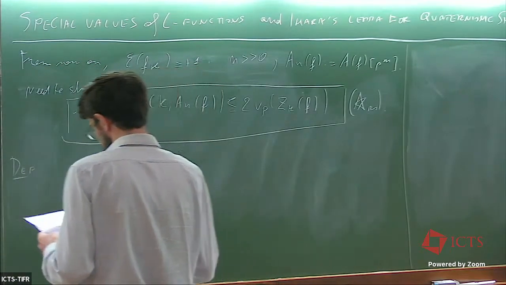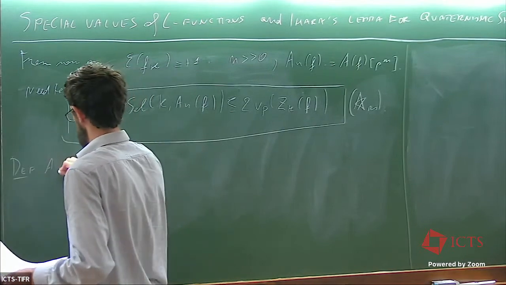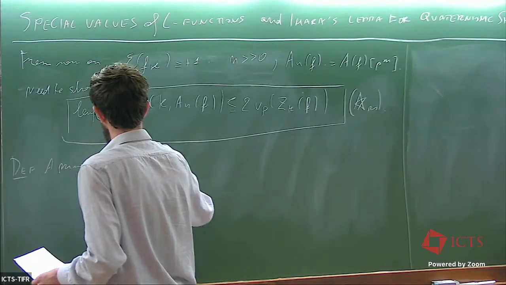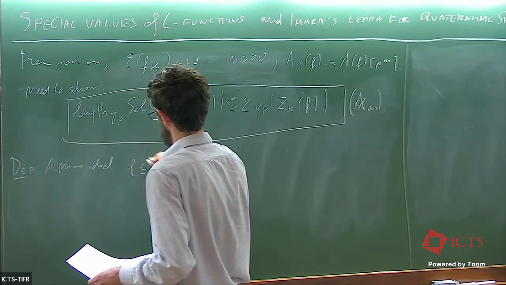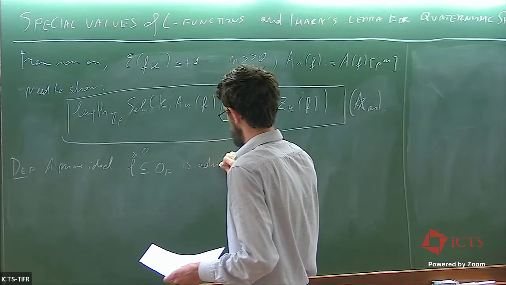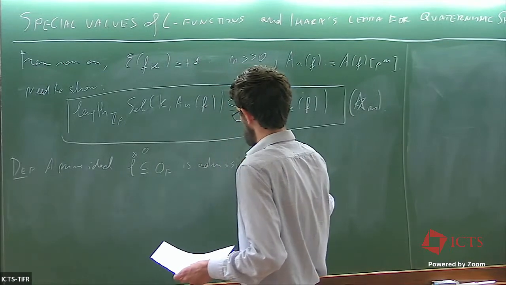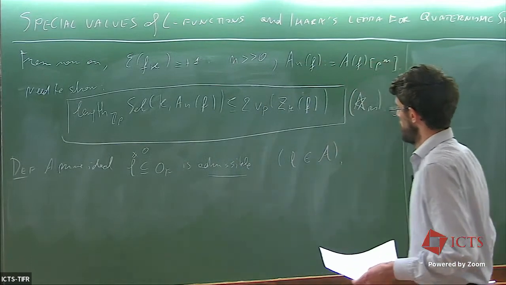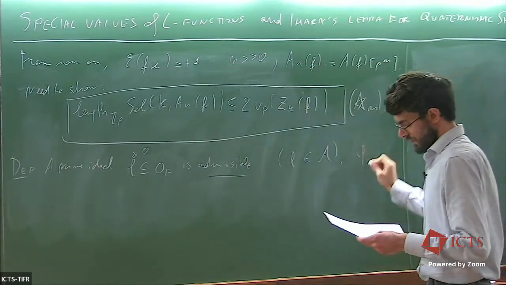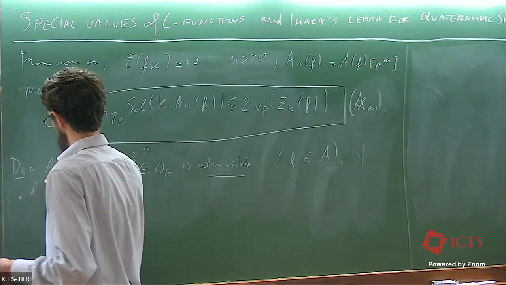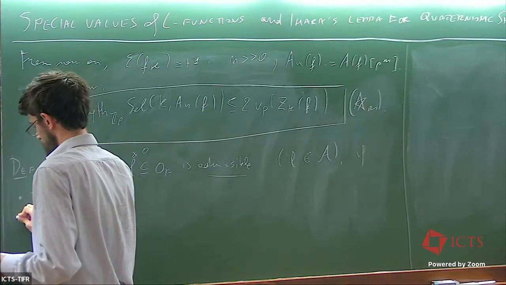Okay, so a small definition. A non-zero prime ideal L inside O_F is called admissible, and I will write L belongs to A, if there are a bunch of properties, and maybe the important one will be the very last. So L should not divide pn.